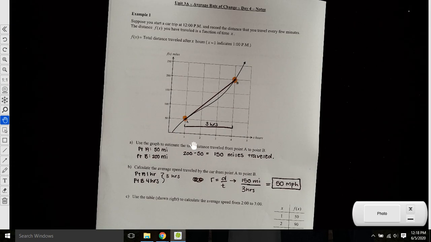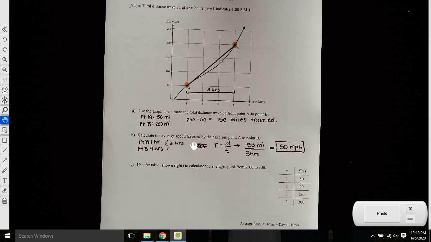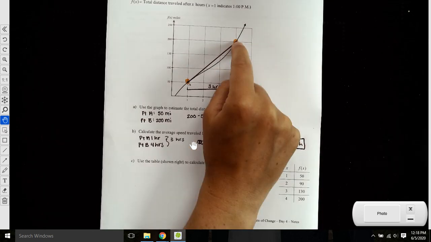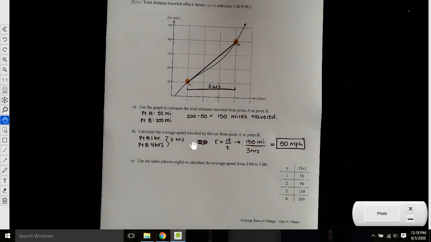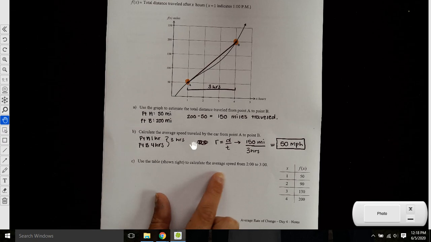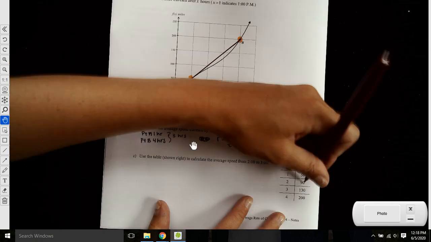So this was done from a graph. I looked at 2 points on a graph, I found the appropriate numbers that go with them, and I went from there. At the bottom it says use the table to calculate the average speed from 2 to 3. So I'm looking at these.